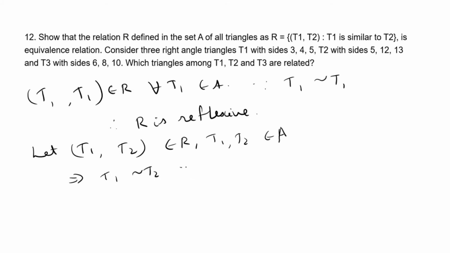If T1 is similar to T2, then T2 is also similar to T1. So this implies T2, T1 belongs to R. So if T1, T2 belongs to R and T2, T1 also belongs to R, then R is symmetric. Therefore, R is symmetric.